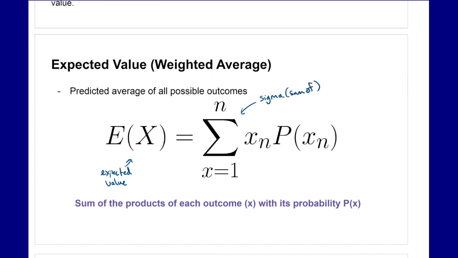So we're finding the sum of all the x's, the individual values of our random variable, or the outcomes, multiplied by the probability of each outcome.